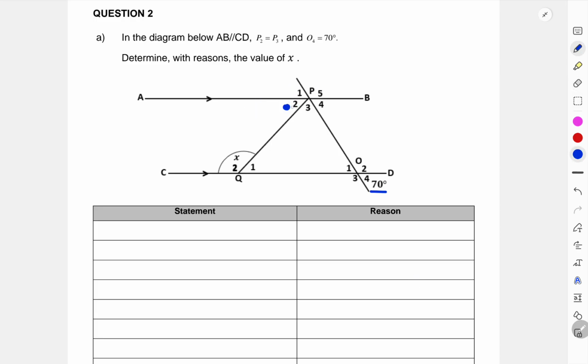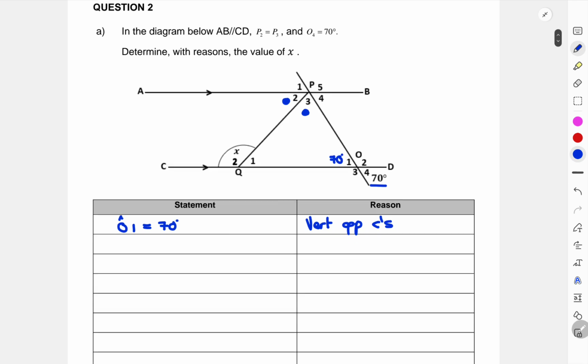Okay, just again, P2 is equal to P3. So I'm going to start by saying angle O1 is equal to 70 degrees because of vertically opposite angles. And once you've got it, put it in that you've gotten it. And then I'm going to say, but P2 is also equal to Q1 because of alternate angles.